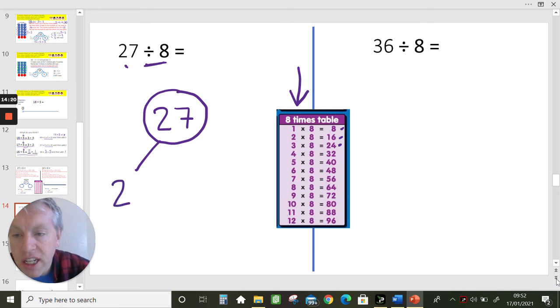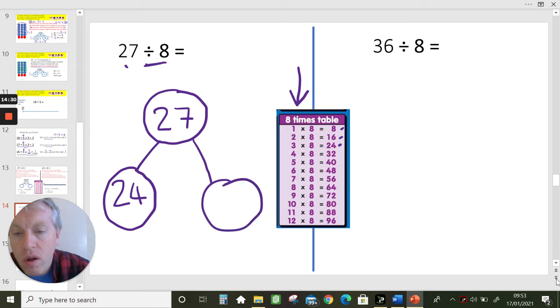I'm going to split it into the nearest one on the 8s, 24, and then how many more? Because these 2 parts have got to make that. So 24 and what makes 27? Well, it's 3 more, isn't it? 25, 26, 27, 3 more. 24, add 3.